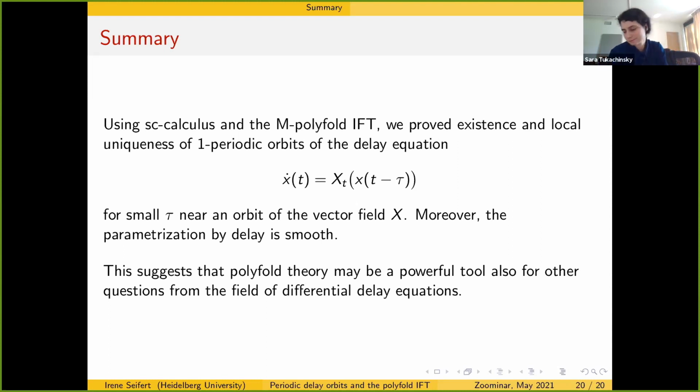Oh. Well, I just wanted to ask, if you start with a solution for a given delay, do you also have existence for nearby delays? Or is it just if you start with a solution for no delay? The problem with the solution with delay is just that we have no idea how to say something about transversality.